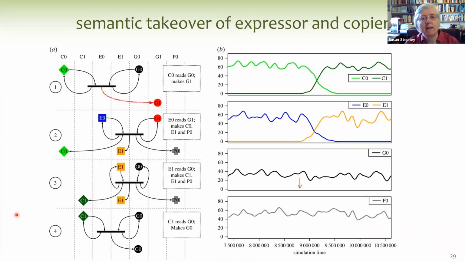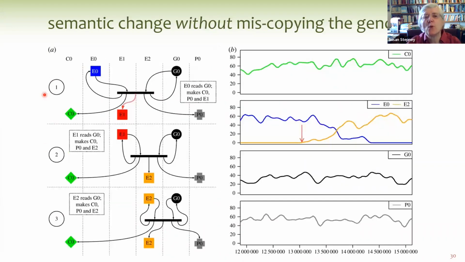And then finally, the one that really amused us, semantic change without any miscopying of the genome. So there's no mutation of the genome happening here at all. Expressor binds to genome, expresses the copier. Now the expressor expresses a different expressor by accident. There's a mutation on expression, and the same payload.